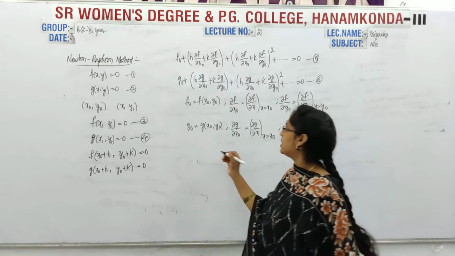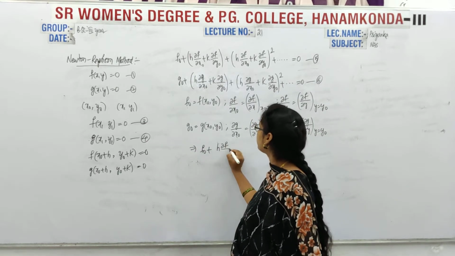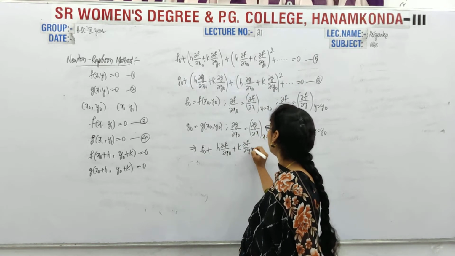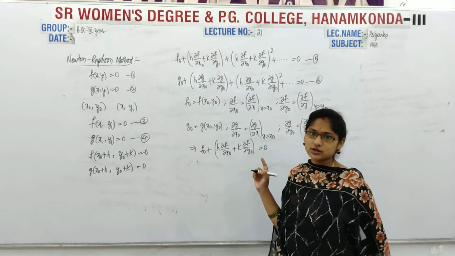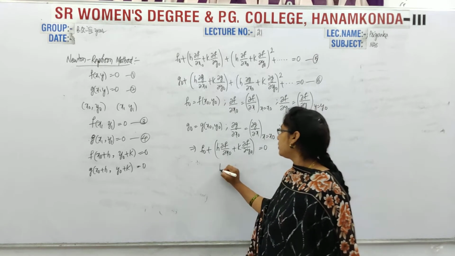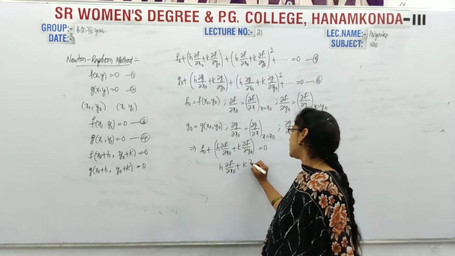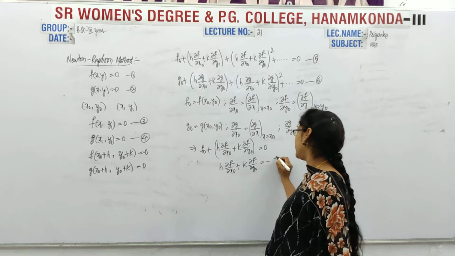Then what do we get? f naught plus h into dou f by dou x naught plus k into dou f by dou y naught is equal to 0, because the remaining values vanish. Therefore h into dou f by dou x naught plus k into dou f by dou y naught equals minus f naught.